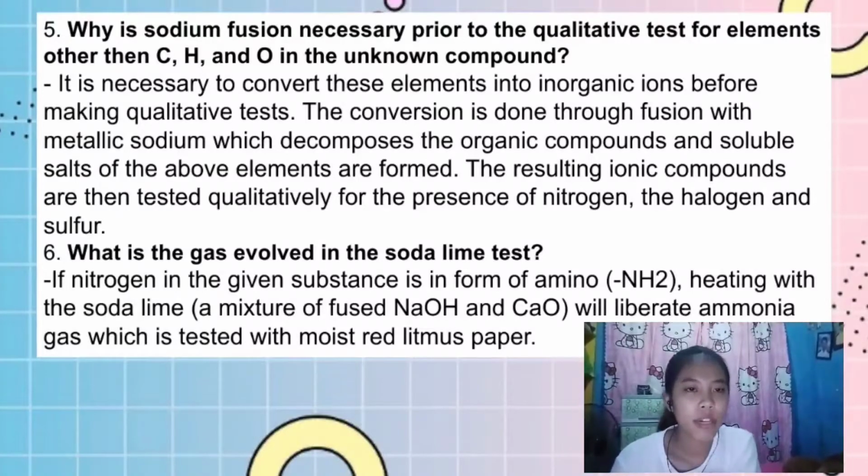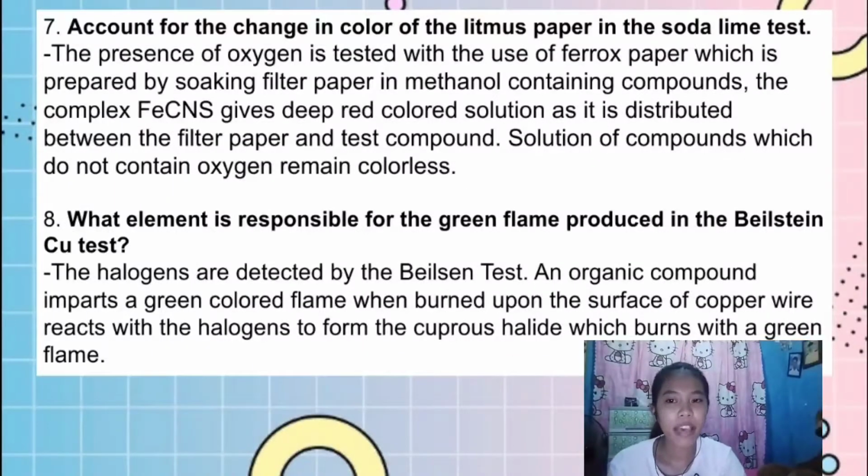For question number 6, what is the gas evolved in the soda-lime test? If nitrogen in the given substance is in the form of amino, heating with soda lime, a mixture of fused sodium hydroxide and calcium oxide, will liberate ammonia gas, which is tested with moist red litmus paper. Question number 7.